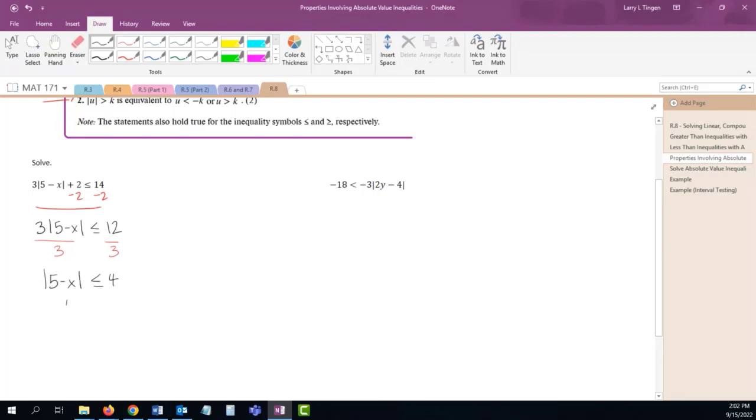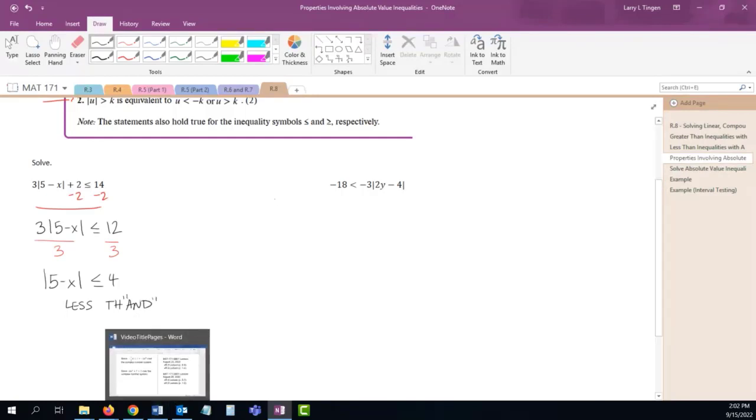Now, this is a less than, again, we're mispronouncing on purpose here. This is an "and" situation, right? The absolute value of something is less than or equal to some positive real number 4. So that means, what do I have?